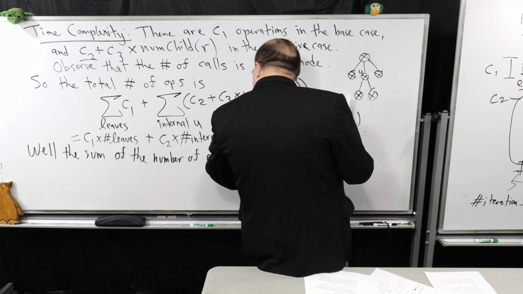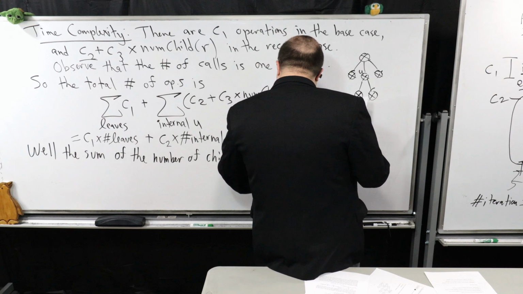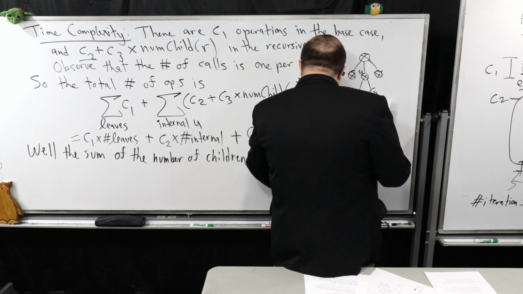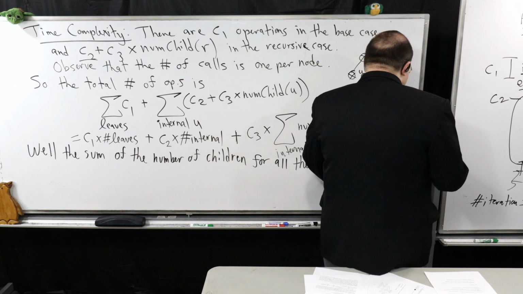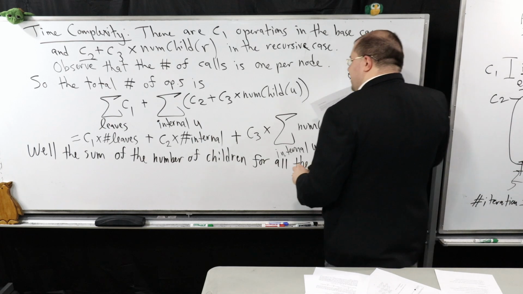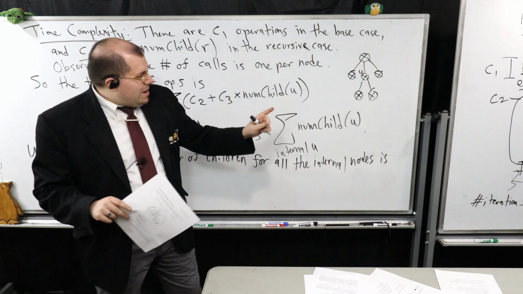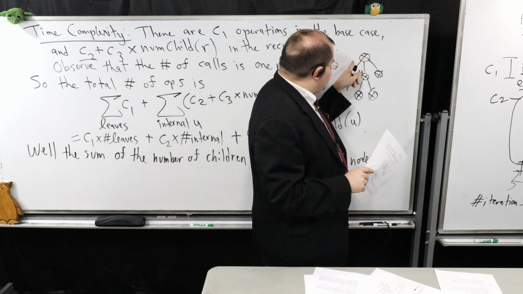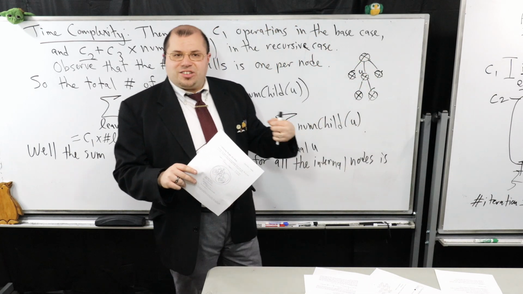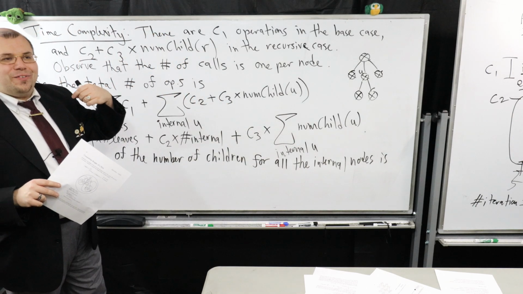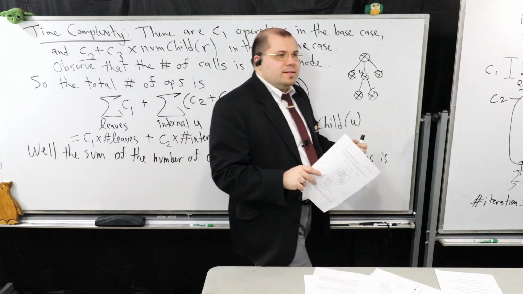Well, the sum of the number of children for all the internal nodes is, well, think of it. If I'm at each one of these internal nodes, well, each of its children has a link that connects me from myself to my children, right?